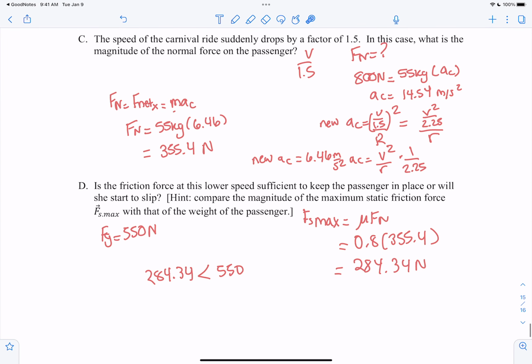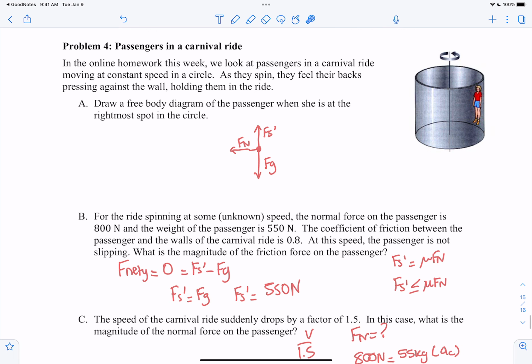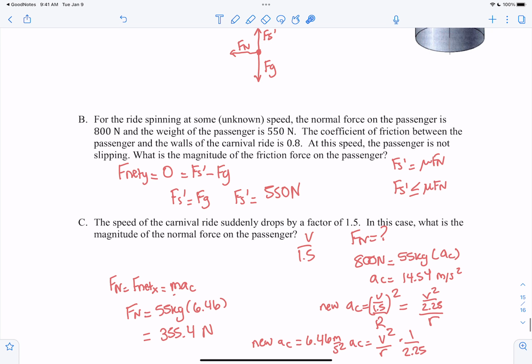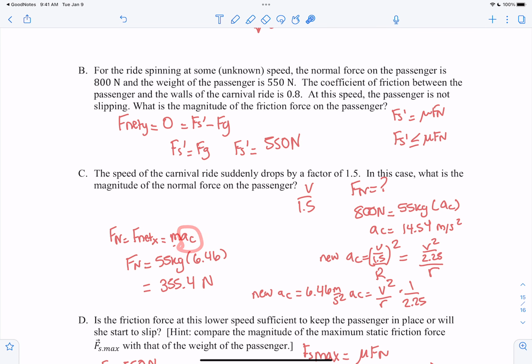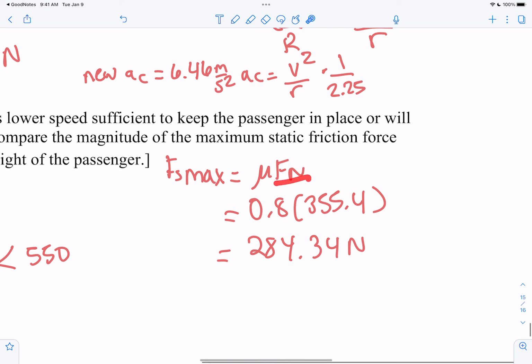Now, if we sped the carnival ride up, if we made it go a lot faster, we're going to have a greater centripetal acceleration. Greater centripetal acceleration means greater net force, greater centripetal force, greater normal force in this case. If normal force is greater, then our maximum static friction force is greater.